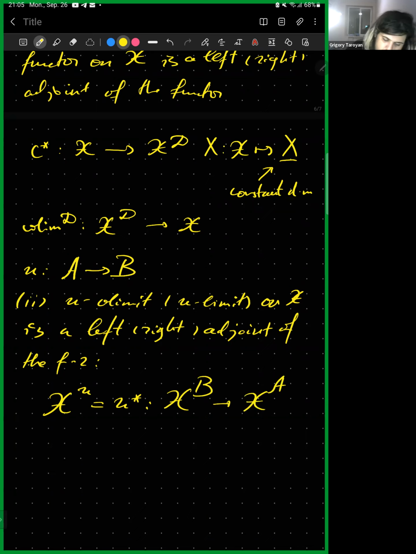So it just composes each B diagram with U, and we obtain an A diagram in X. And so the colimit functor then goes in the opposite direction and is a left adjoint.